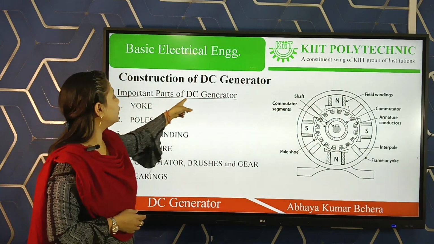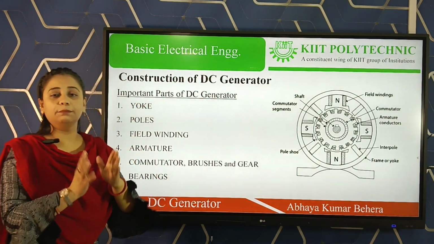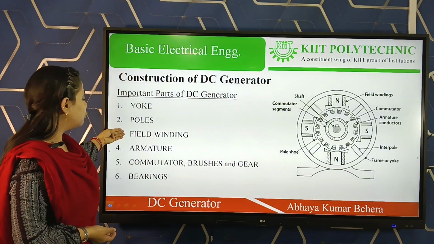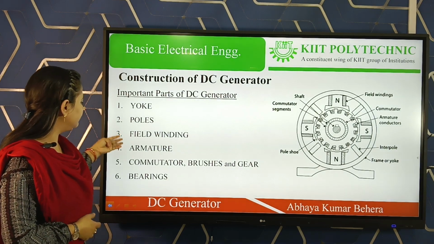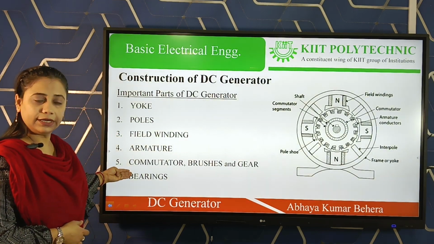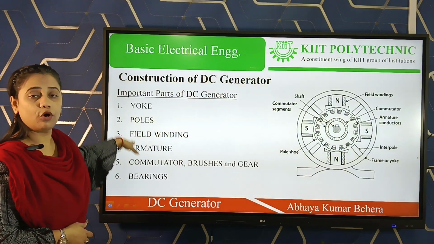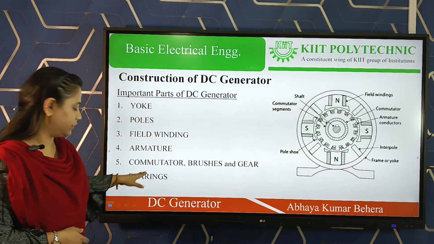So what are the important parts of the DC generator? The important parts of a DC generator are the yoke, pole, field winding, armature, commutator, brush, gear and bearing. These are the important parts of the DC generator.